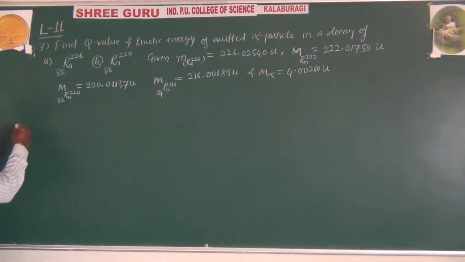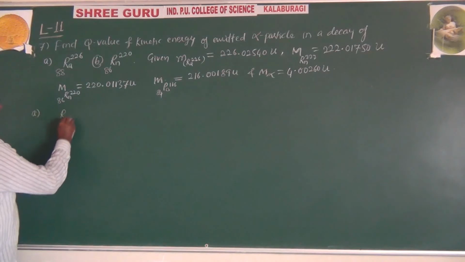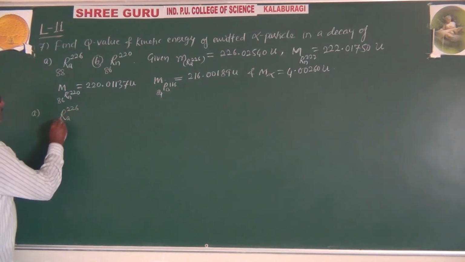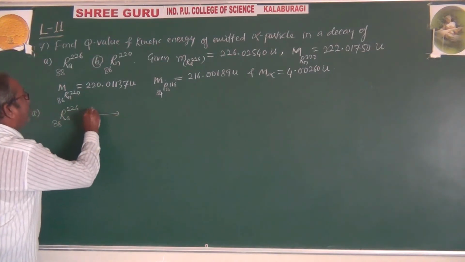So first we will go with radium 226, 88. This is alpha decay.